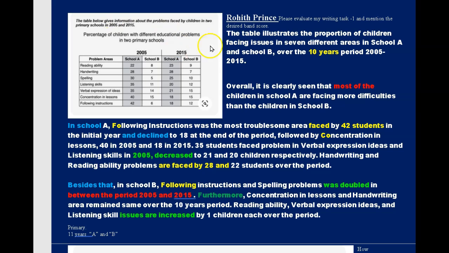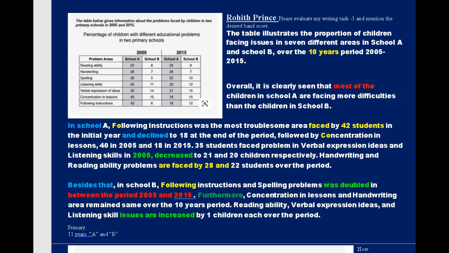Okay, the table illustrates, fine. The proportion of children, good. Facing issues faced by children, all right? In 7 different areas of study, or problem, right? In school A, why is school capitalized there? And school B, and not capitalized there? That's odd.